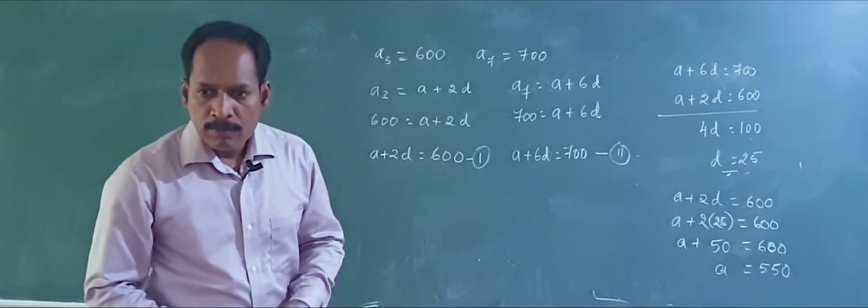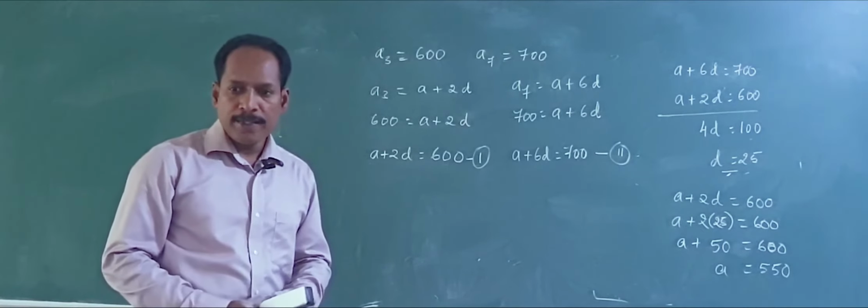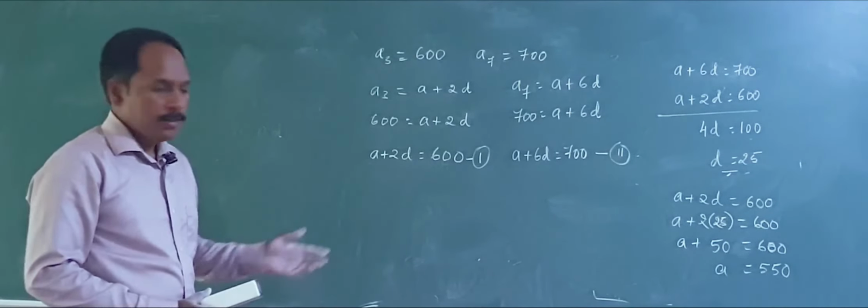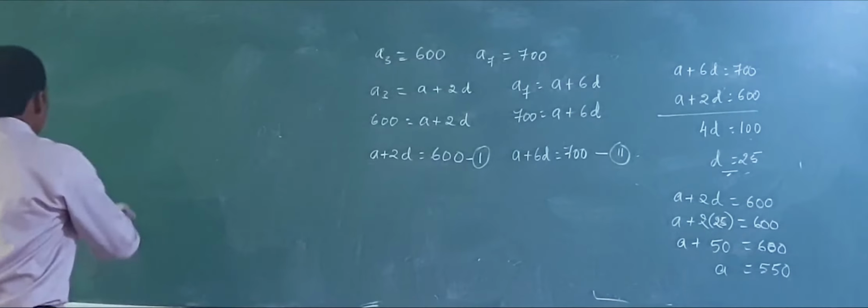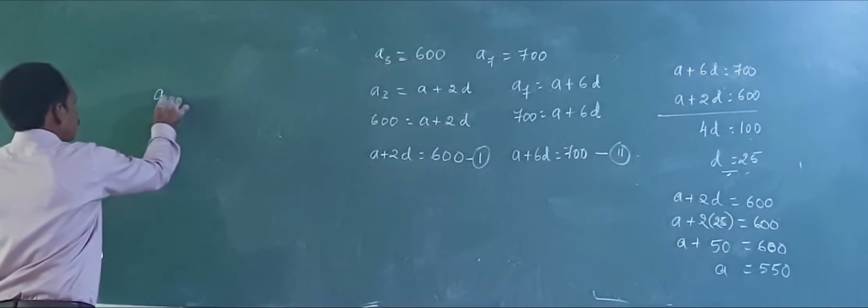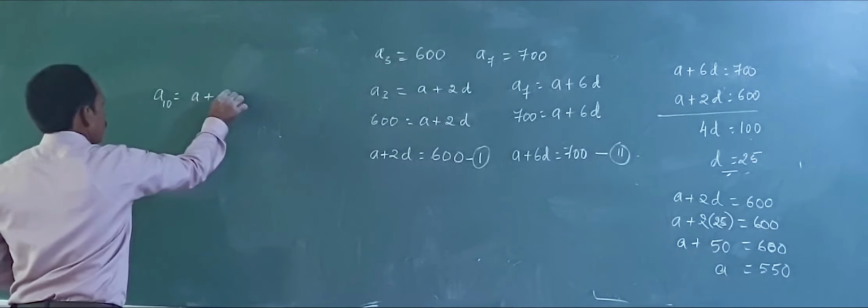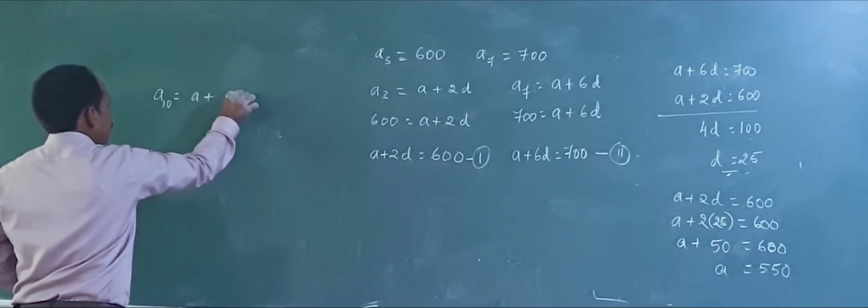Next, they are asking how many televisions were produced in the 10th year. So for production in the 10th year, we have to find the 10th term. A10 will be A plus n minus 1, that is 9D.